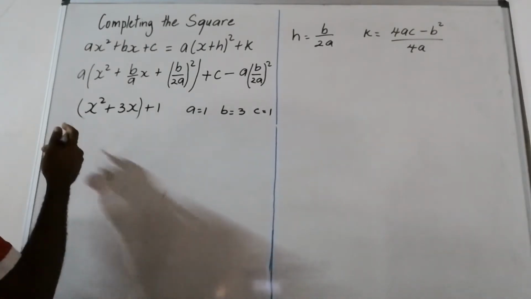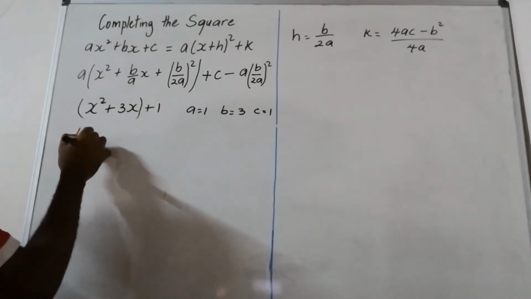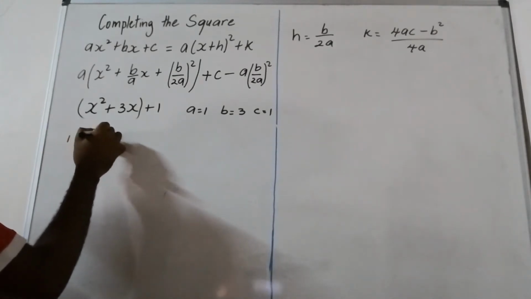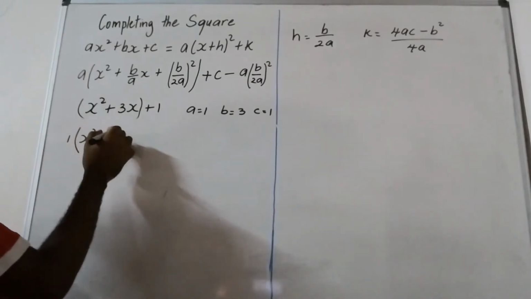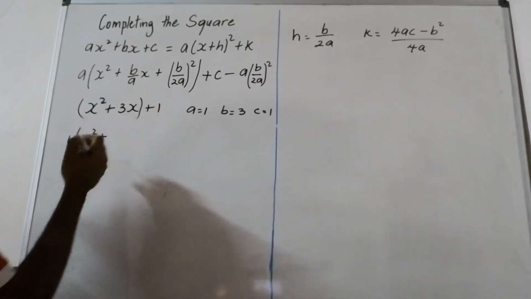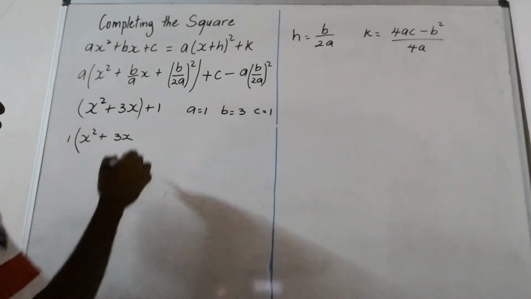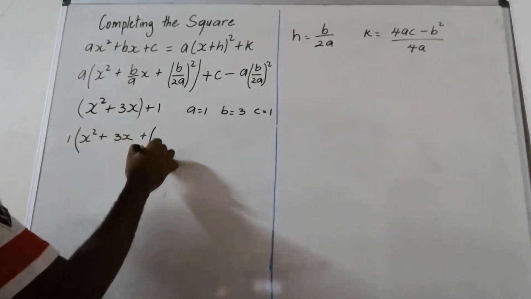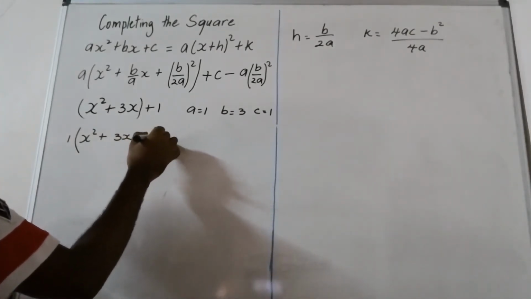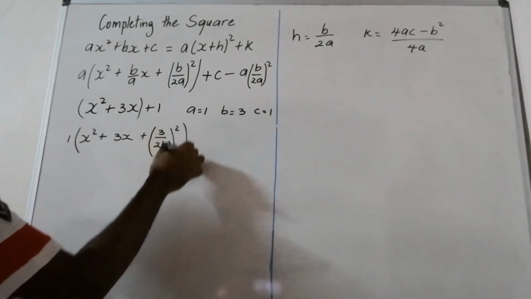So we can rewrite this as 1 times x squared plus b over a, which will be 3, so that will give us 3x plus b, which is 3 over 2 times 1, all squared.